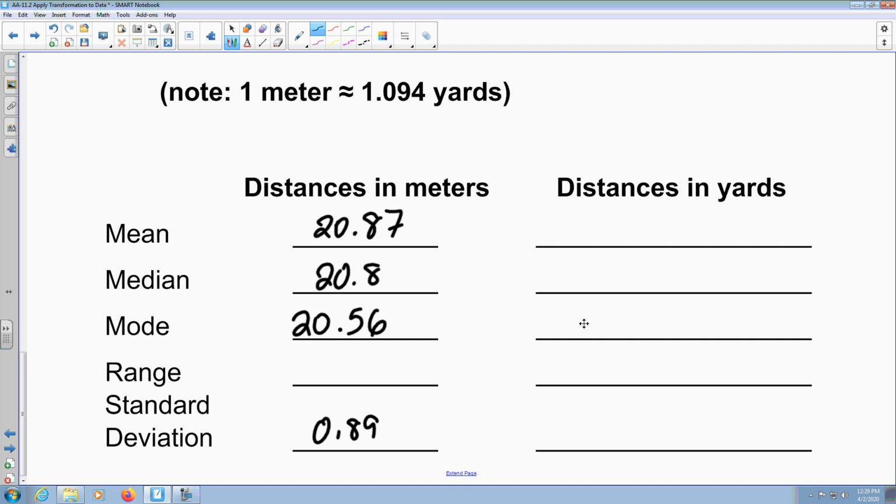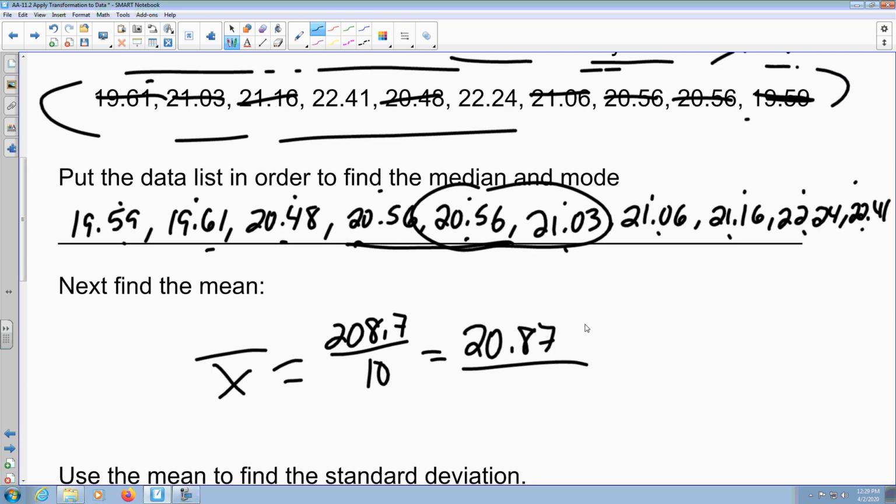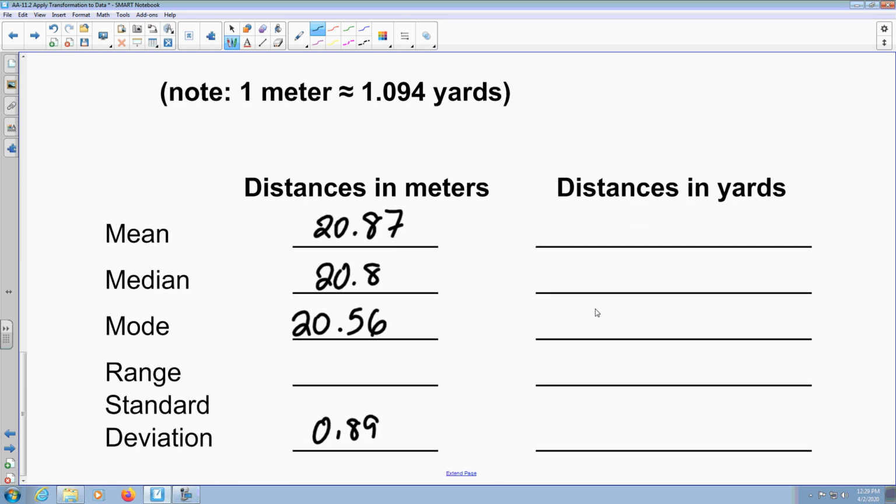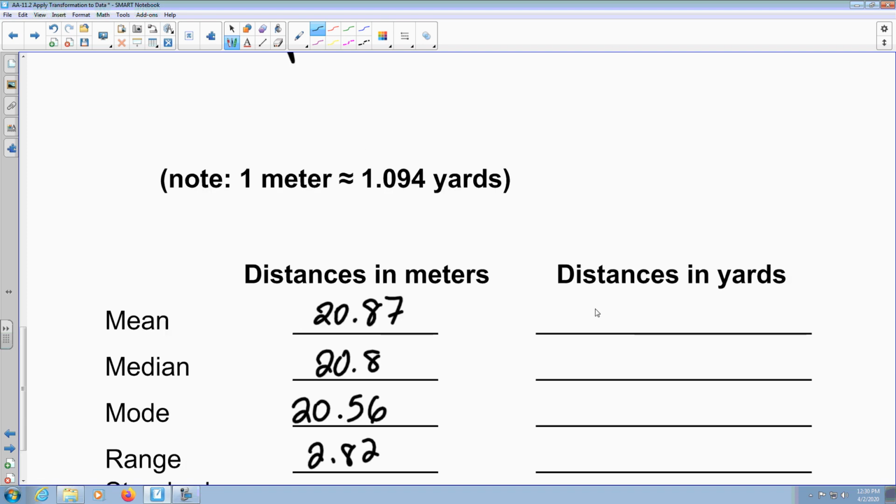The range will be 22.41 subtracted by 19.59. When you subtract that out, you get about 2.82. So we have all of our stats in meters: mean, median, mode, range, and standard deviation. So I looked it up. 1 meter is about 1.094 yards.